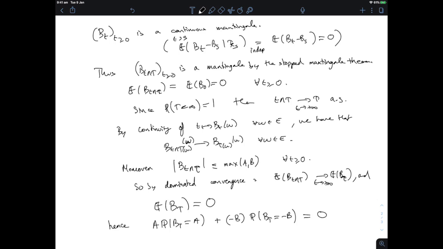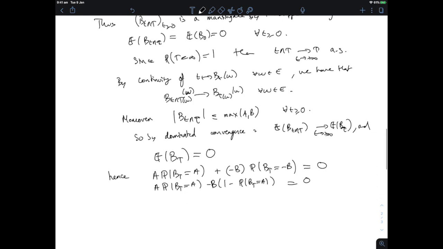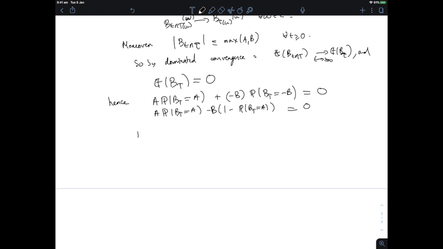So what have we got? We've got a times this probability. It's the hardest part, this little arithmetic here. Minus b times 1 minus the probability of B of tau being a. Then you reorganize this equation and you get that the probability of B of tau being a is exactly b divided by a plus b.